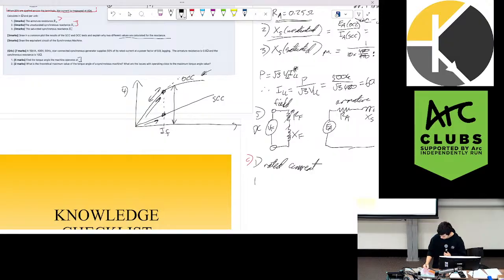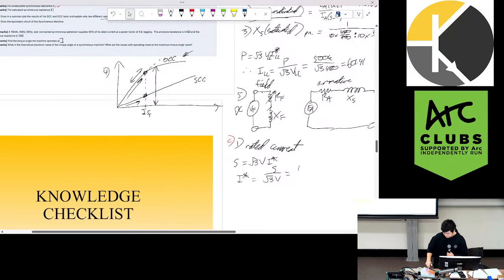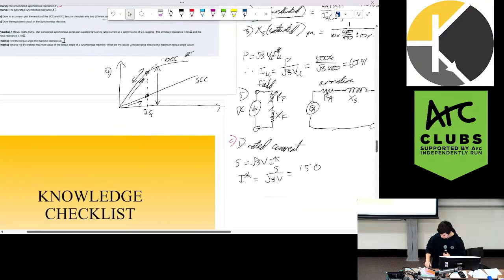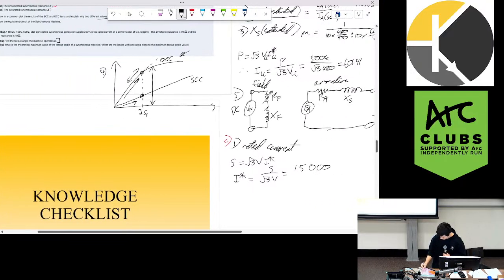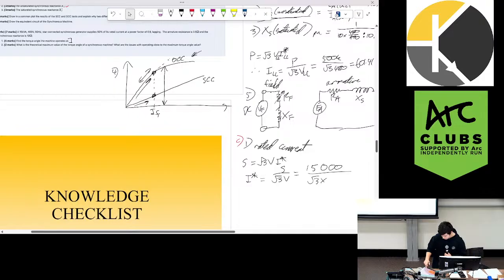we need to do P equals √3 V I conjugate. I'll use S here as opposed to P so we don't get confused. We get I conjugate is going to be equal to S on root 3 V, which, if we assume rated voltage because we are calculating rated current right now, is 15 k on root 3 times our voltage, which was 400.